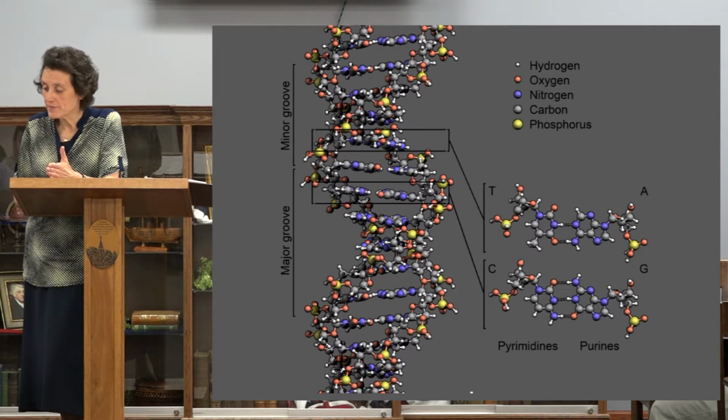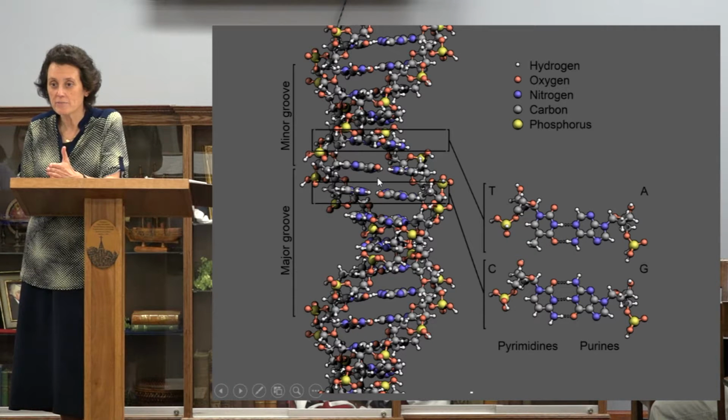And what happens, here it is in more detail, Watson and Crick literally figured out all the different atoms and how the structure came together. And it is literally a twisted ladder shape. The molecules come together in a twisted ladder shape. Here's T pairing with A. Here's C pairing with G. So you'd have T on one side of the ladder, A on the other.